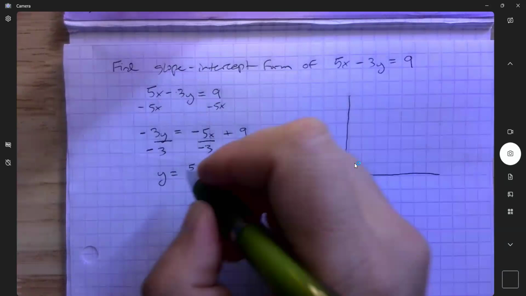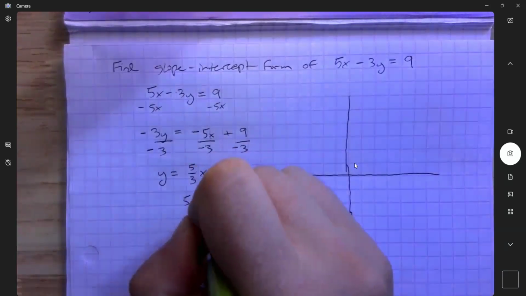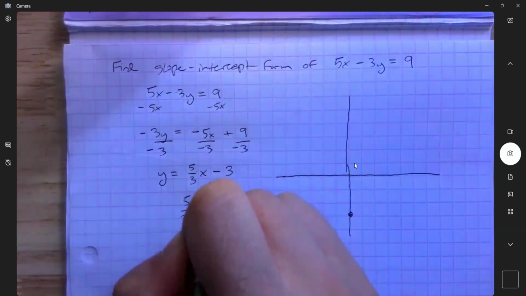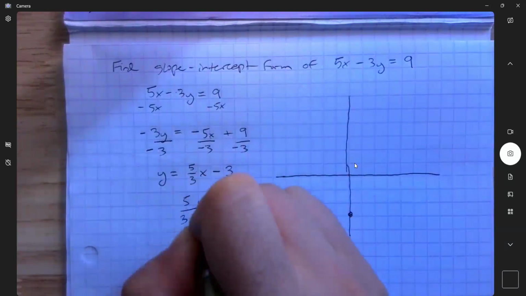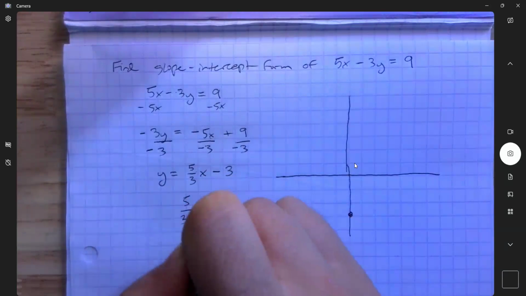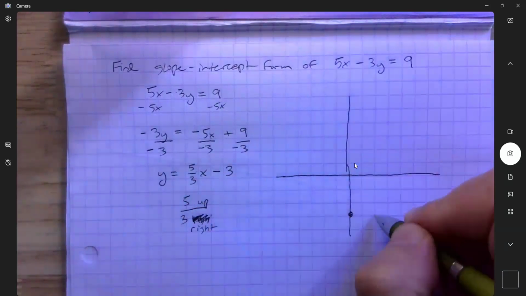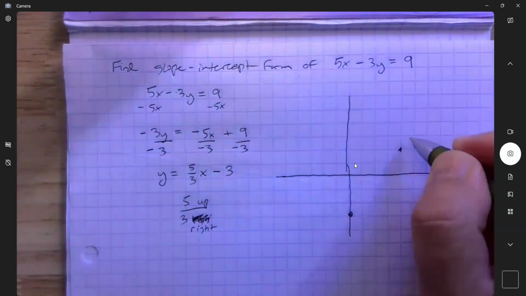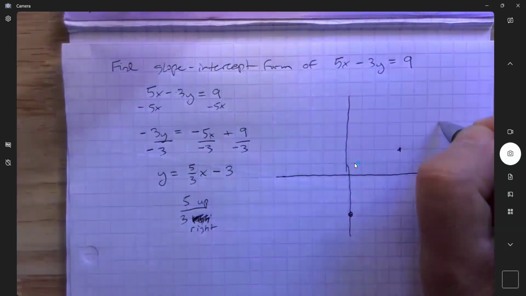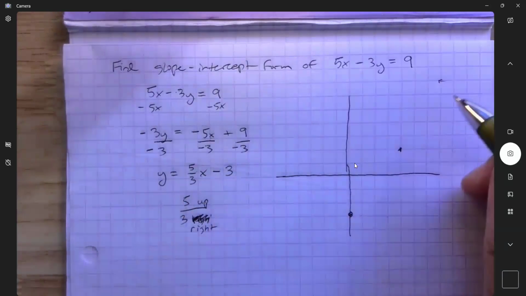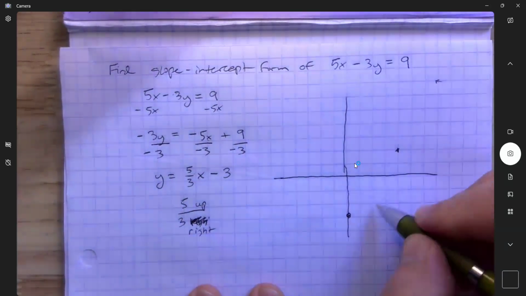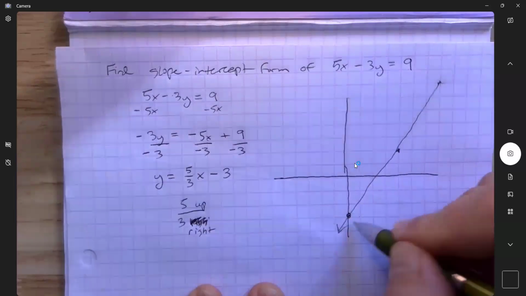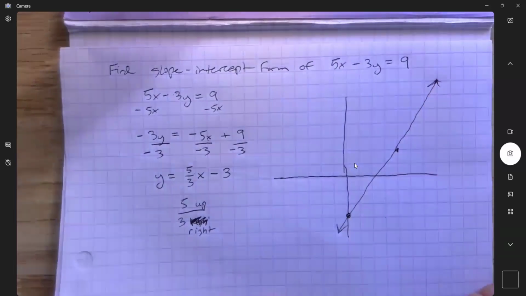The rise over run is 5 up divided by 3 to the right. So when I take 1, 2, 3 steps to the right, I go 5 steps up, like that. And then I'm going to get a line that connects this way.